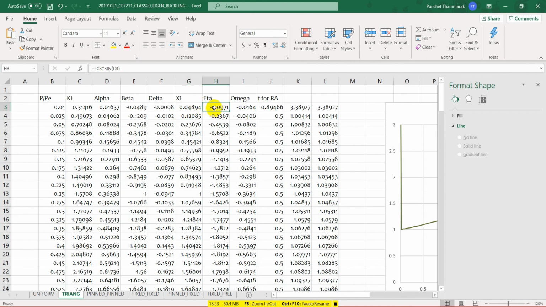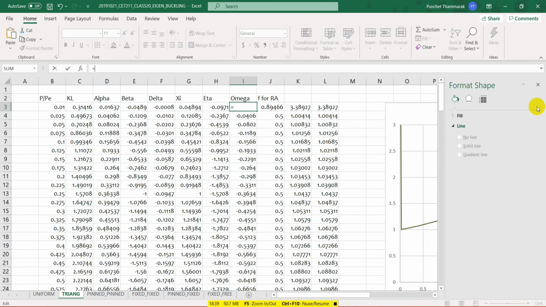Eta is minus KL sine, and then the omega is a little bit more complicated. Got to change everything.